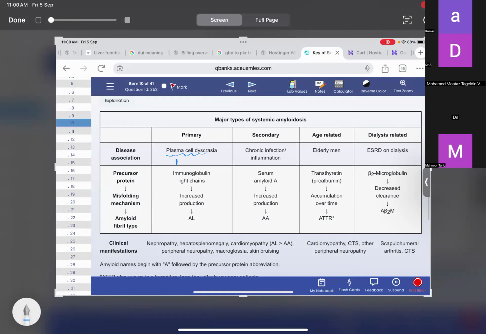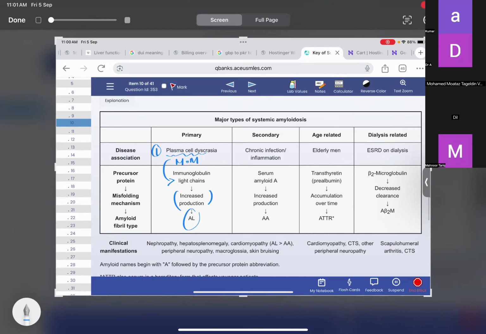Plasma cell dyscrasia, or multiple myeloma, will cause light chain protein to be increased, and we will have AL type amyloid fibrils. So the first cause is multiple myeloma, or plasma cell dyscrasia. The second thing is chronic infections or inflammation.